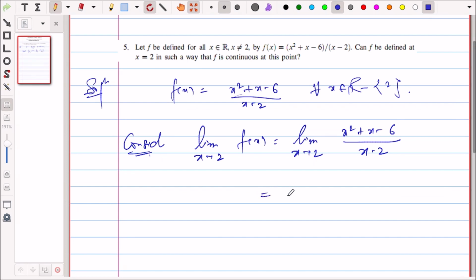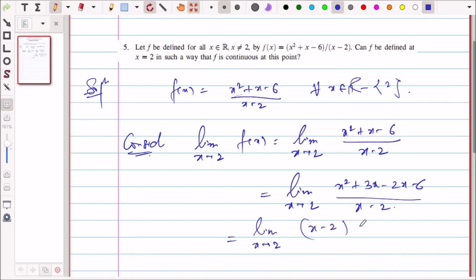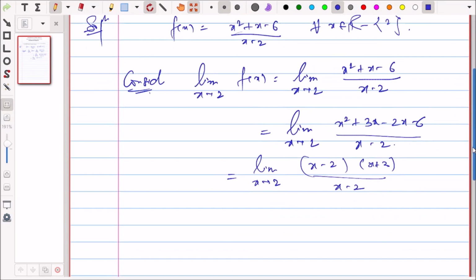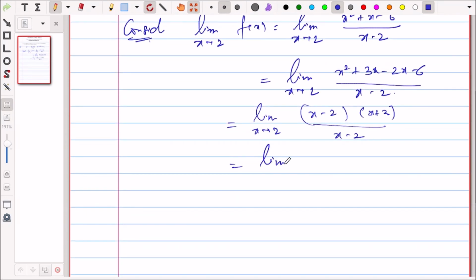So this can be written as the limit of (x² + 3x − 2x − 6)/(x − 2). When you simplify it, this becomes (x − 2)(x + 3)/(x − 2). So this is the limit as x tends to 2 of x + 3.